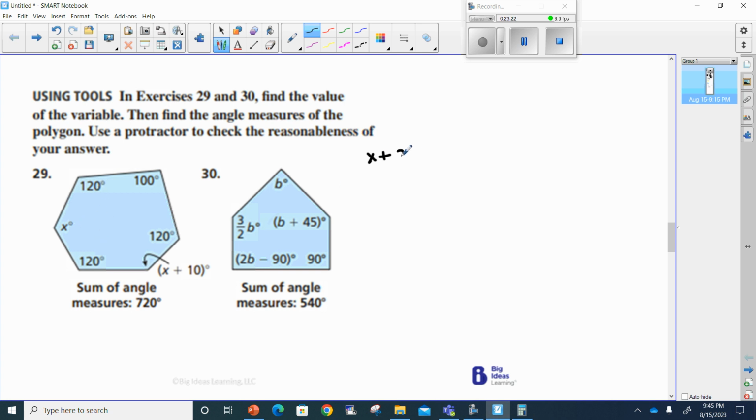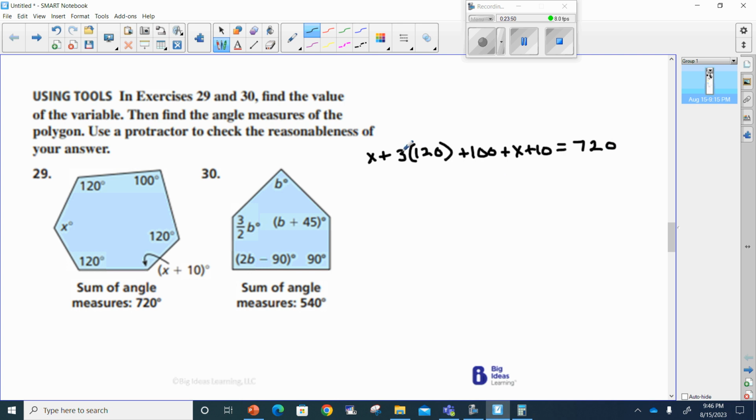So I could put 3 times 120. I can add that to 100. And then I can add that to x plus 10. And all that has to equal 720 according to this.